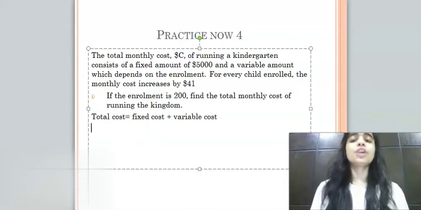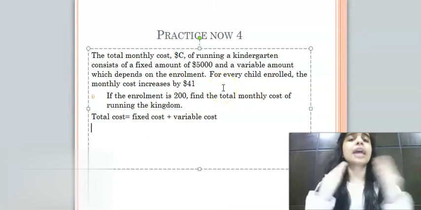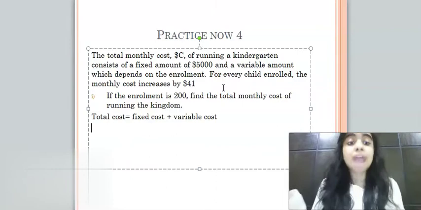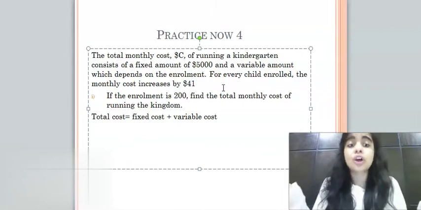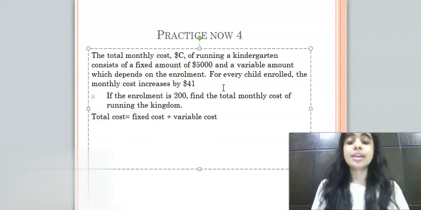Now we know this fixed cost. This fixed cost is 5,000. If I have 100 children, if I have 200 children in that kindergarten, doesn't matter. If I have 0 children, doesn't matter. I need to pay my fixed cost. Is that right? Now let's see what about the variable cost.